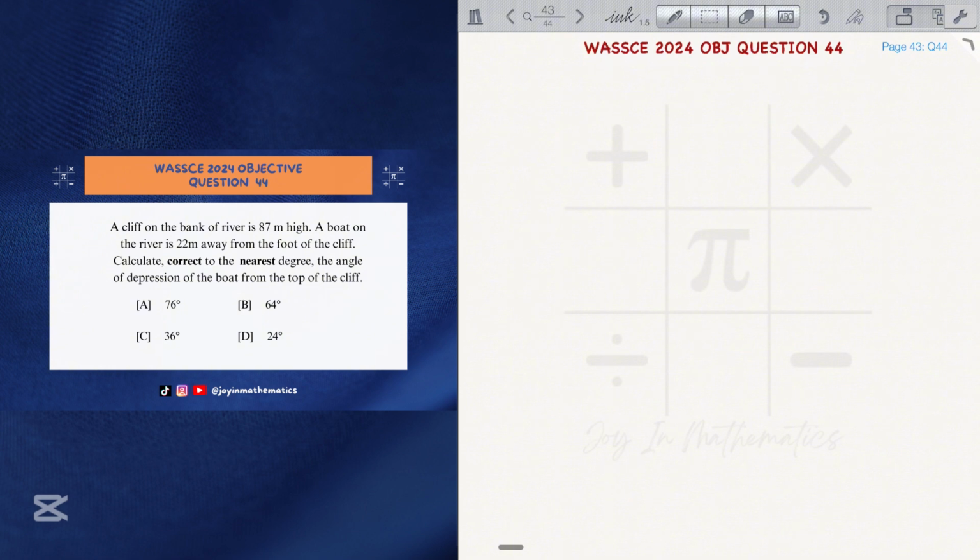So this is a question on angle of elevation and depression, and we have discussed this while we were treating trigonometry. So reach out and visit the YouTube platform on this for more understanding. So let's solve this now. We have a cliff on the bank of a river.